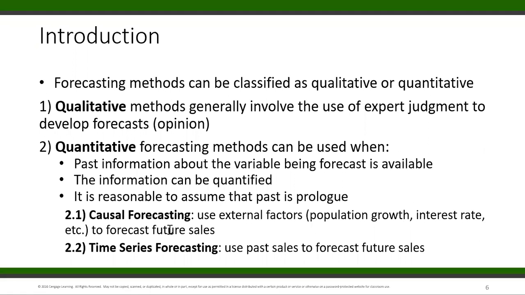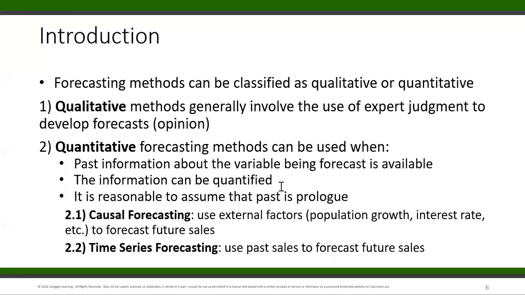Once you have that equation, assuming you know the value of the external factors for the new case, for the future, you can just plug them into the equation and get the forecast for sales. So that's the causal model, explaining the variable of interest using other external, completely different factors.